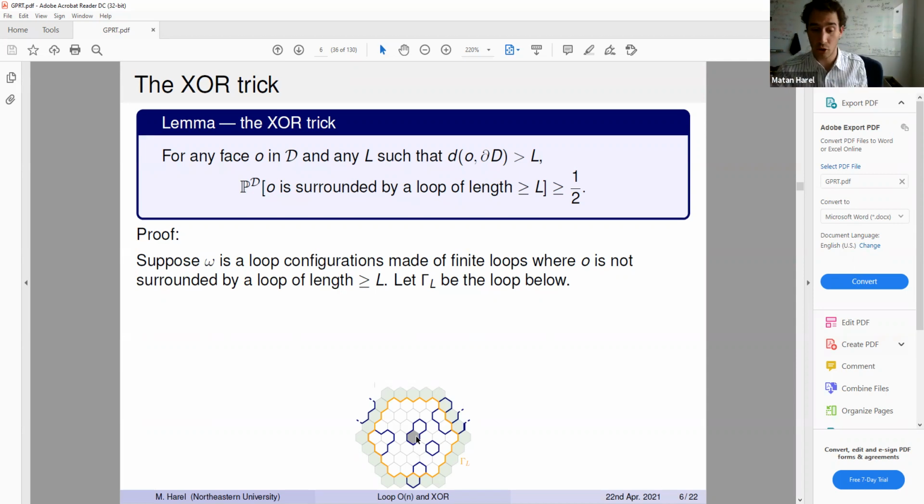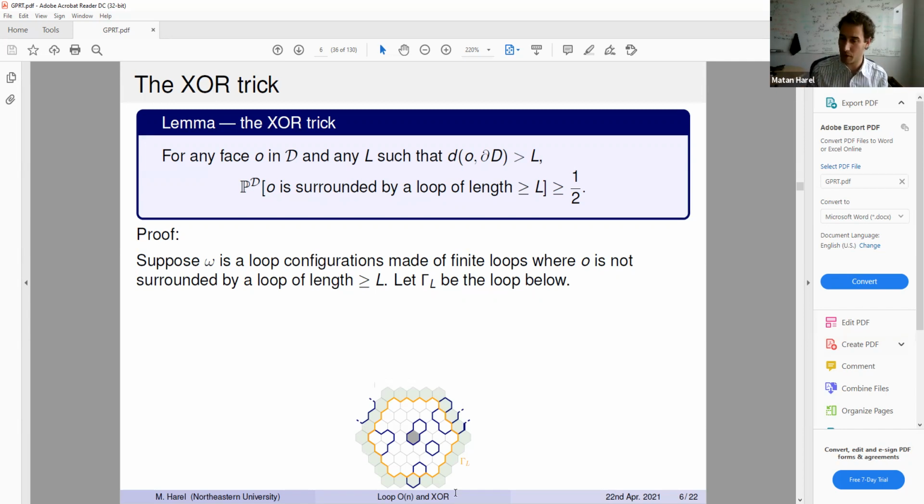What I'm going to do is produce a map from the set of loop configurations that don't have long loops to the set of configurations that do have long loops. And that map is nothing more than the XOR, if you'd like, addition modulo 2 of edges. I'm going to take all the edges which are either blue, that is in the original loop configuration, or orange on this loop, but not both.